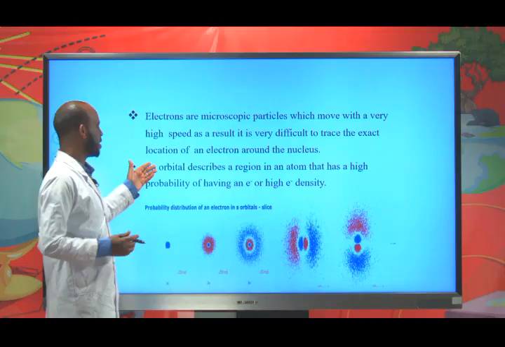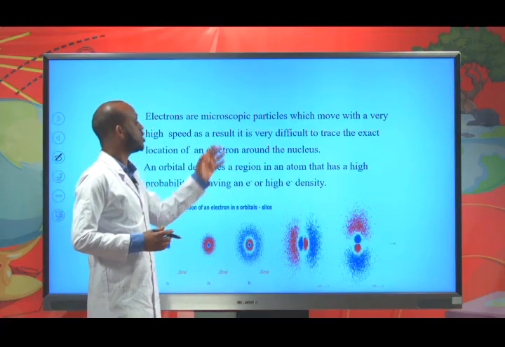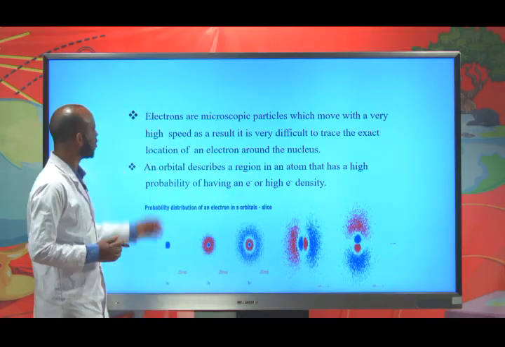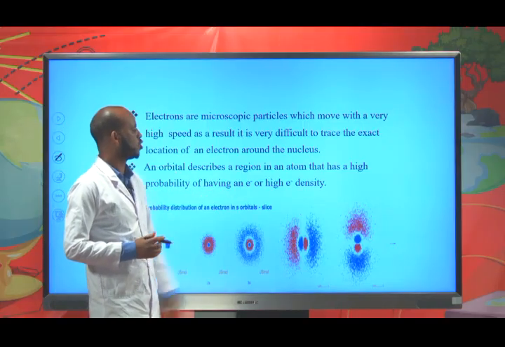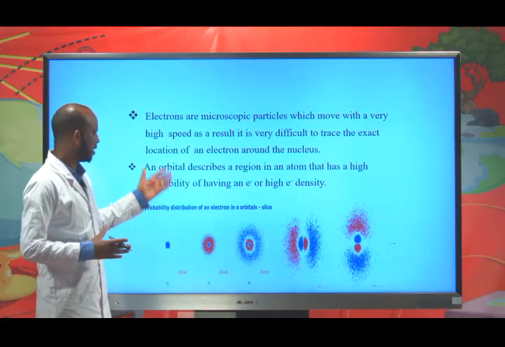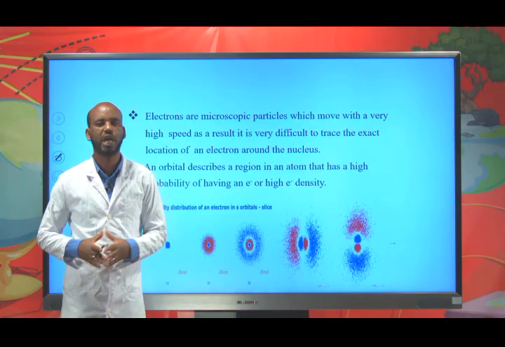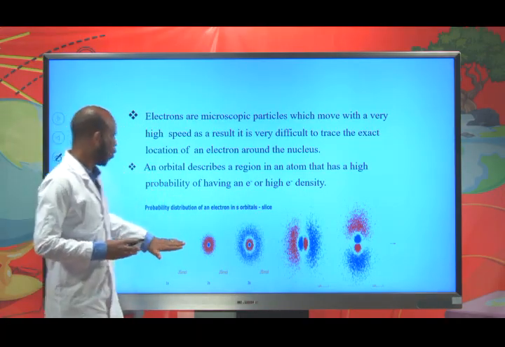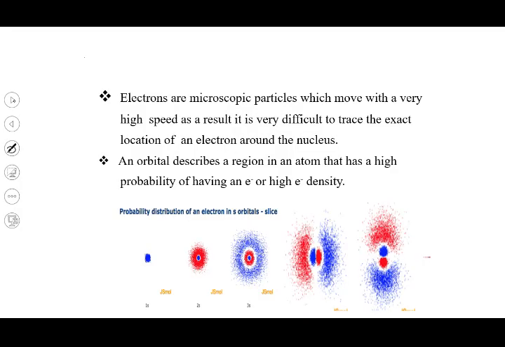Therefore, an orbital describes a region in an atom that has a high probability of having an electron, or high electron density. An orbital is a particularly shaped volume of space where the probability of finding an electron is high.